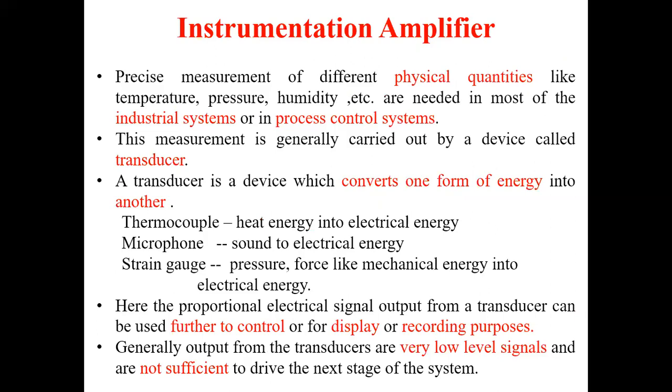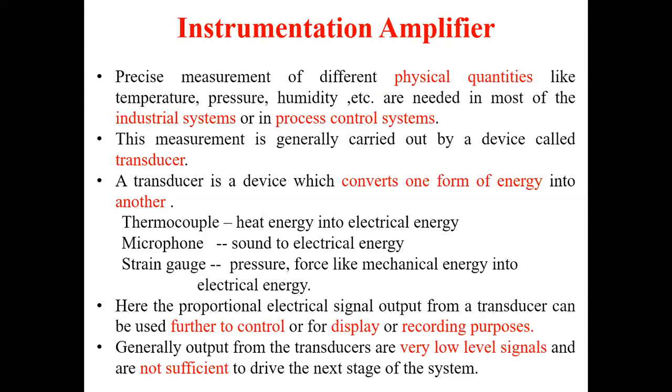Take any industry. Industries have certain parameters to be measured precisely. These parameters are carried over by a device called a transducer. A transducer is one which converts one form of energy into another form.